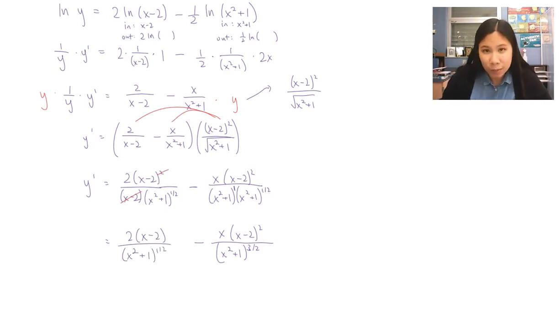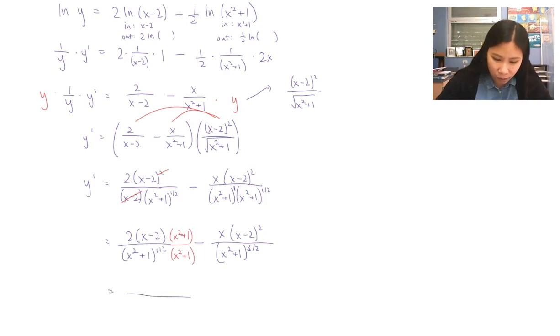And so to fully simplify, we just need to combine our two fractions together, so I just need common denominators. If I multiply the first fraction by another x squared plus 1 on both the top and the bottom, that'll make my denominator the same as my second fraction now. So this will end up being x squared plus 1 raised to the 1/2 power for both fractions.